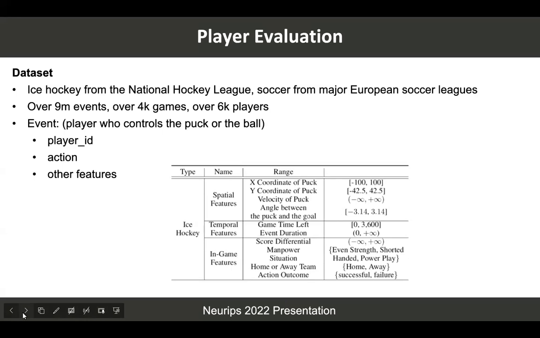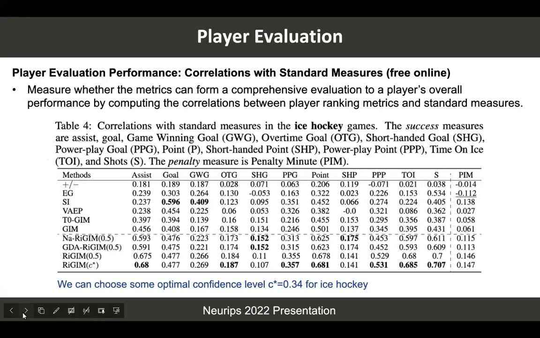Okay, so we train our model on this data set, and we want to see whether this player ranking is a reasonable ranking. How do we do that? We compute the correlation of our player ranking with some standard measures, which are free online. We can find them from the NHL website or some soccer league websites.